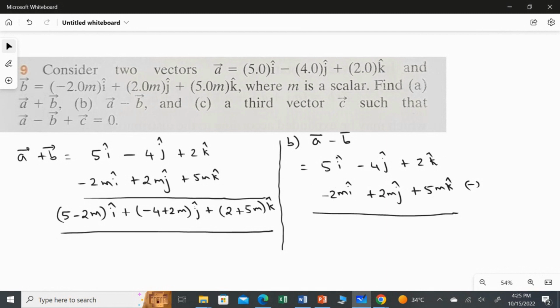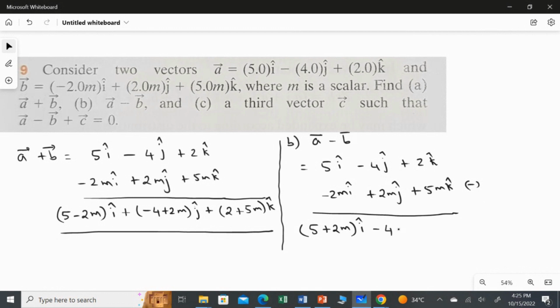So what's the value? 5 minus of minus 2m. So we are subtracting the two vectors. 5 is positive, and here b is minus 2m, and here we have to subtract. So 5 minus of minus 2m becomes plus 2m. That means here you'll get 5 plus 2m multiplied by i cap, and here minus 4 minus of plus 2m. So what's the answer?